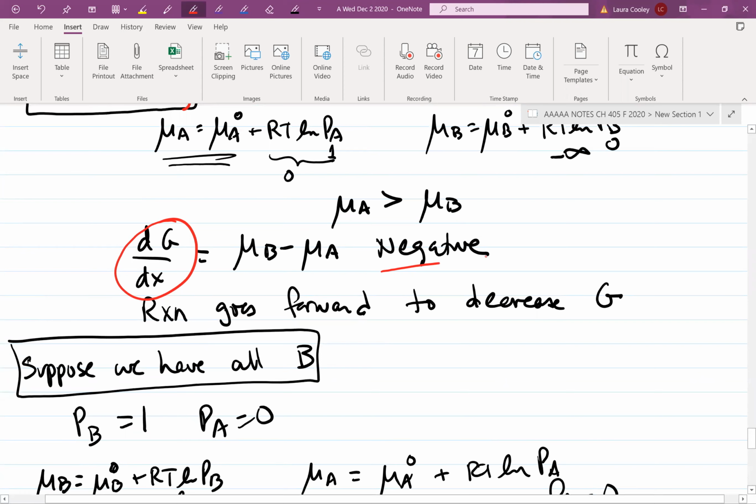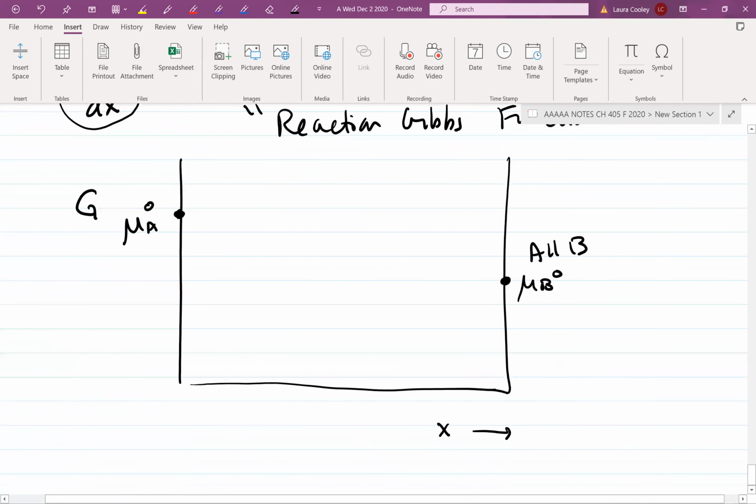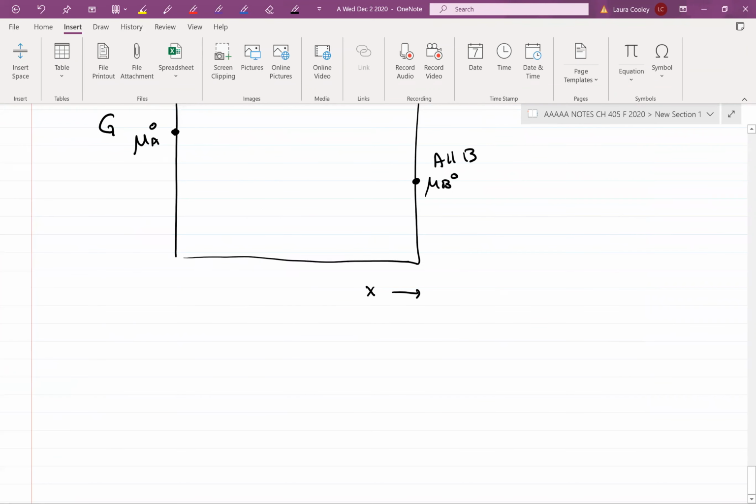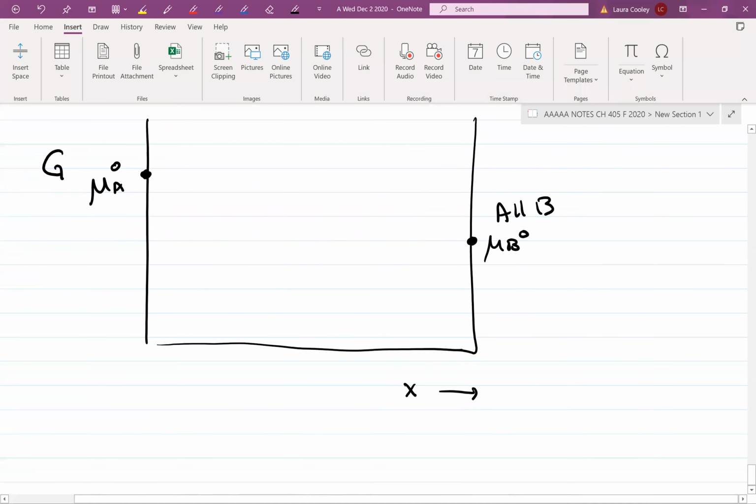At the beginning of the reaction, this derivative is going to be negative, and the reaction is going to go forward to decrease the Gibbs function. So it's going to go down, and down, and down. And then at some point, it stops going down.